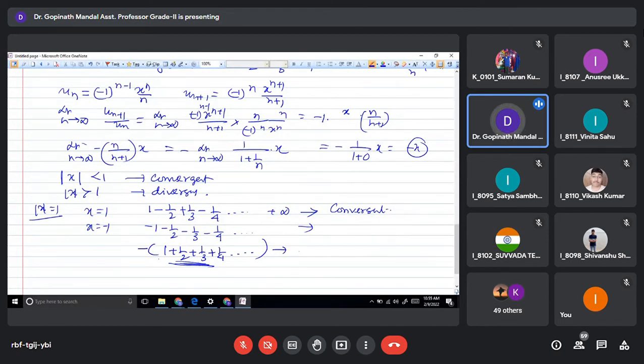So minus of this series is also divergent. So the series is convergent when x is less than or equal to 1.